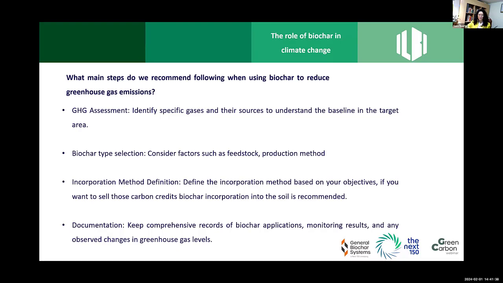This is important because we are constructing knowledge of biochar along the way. The thing is not already established. So knowing the behavior of biochar in each condition is essential for everyone.